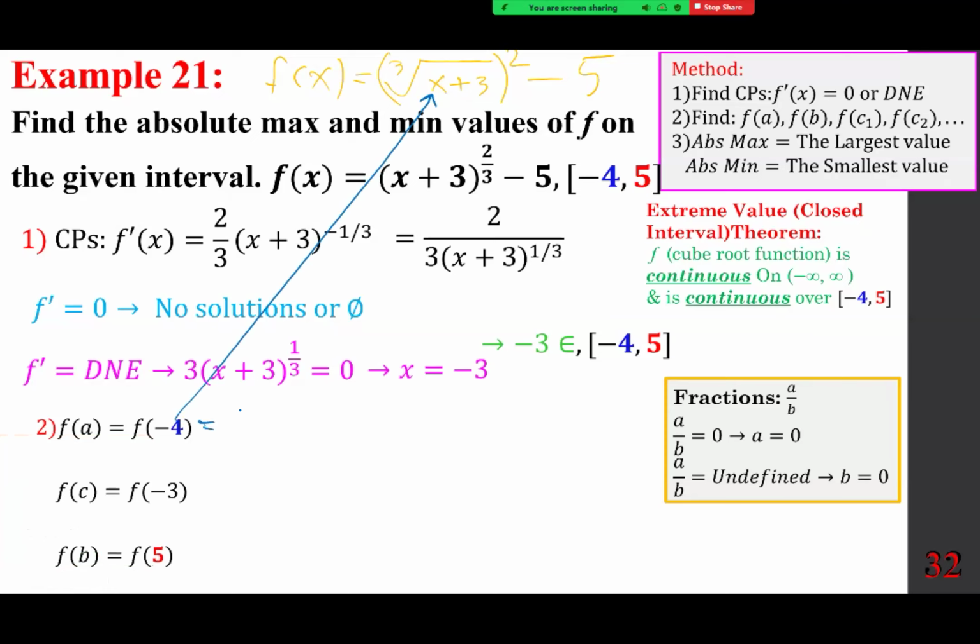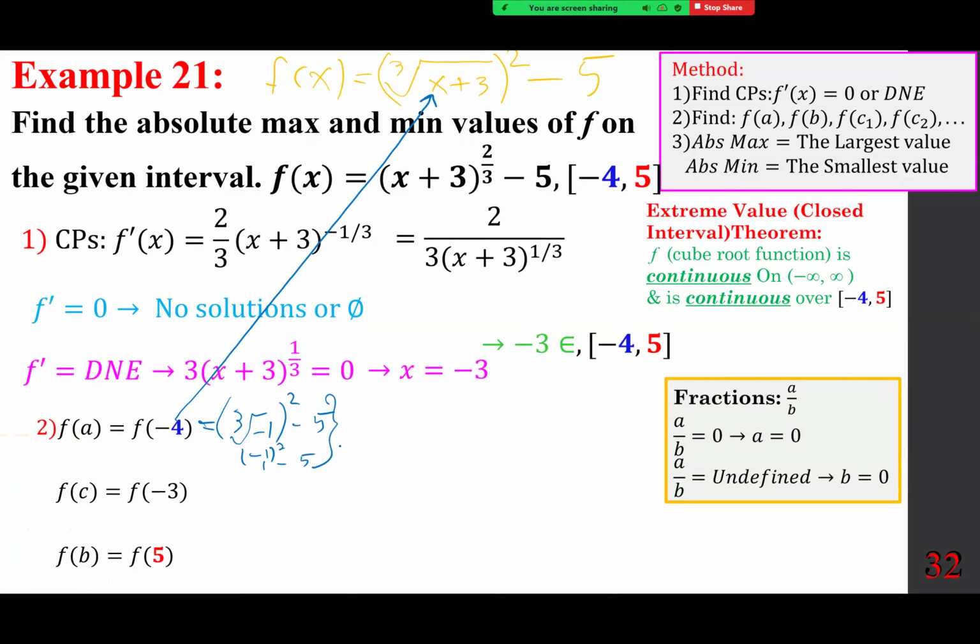I get negative 1. So cube root of negative 1. Then I'm going to square it and subtract 5. So what do I get? Cube root of -1 is -1. Square it, you get +1 minus 5.